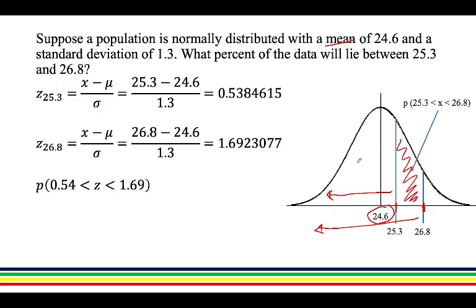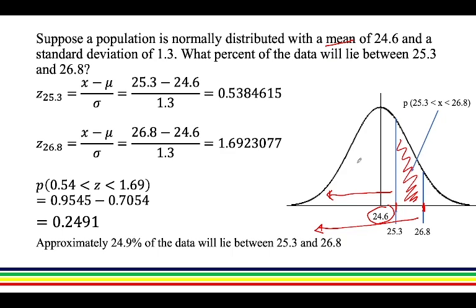Using the table, that is just 0.9545 minus 0.7054 or equivalent to 0.2491. Convert this decimal into a percentage. Approximately, we have 24.9% of the data will lie between 25.3 and 26.8. This kind of application is very useful in real life problems. And we will be solving a few of that in this video.